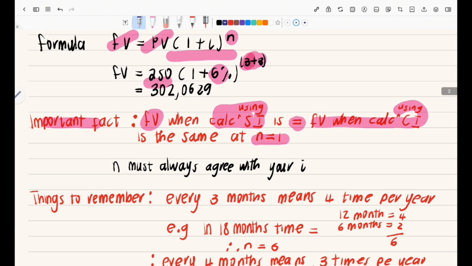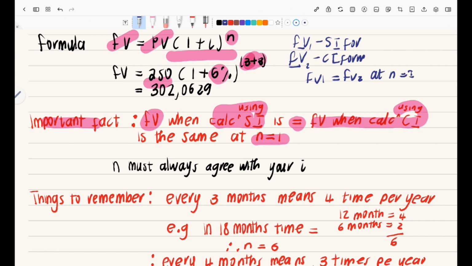So what we are saying is that the future value when you're using the simple interest formula, and the future value when you are using the compound interest formula, these two future values, future value 1, future value 2, are equal at n is equal to 1.